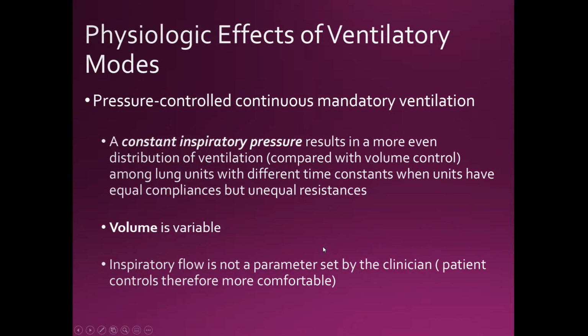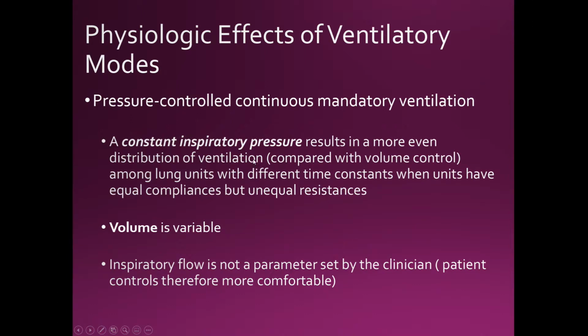So when you have pressure control, continuous mandatory ventilation, again, the machine is triggering the breath and it is cycling the breath, but pressure is being set and volume is varying. Okay, so when we have constant inspiratory pressure, we have a more even distribution of ventilation. Why?